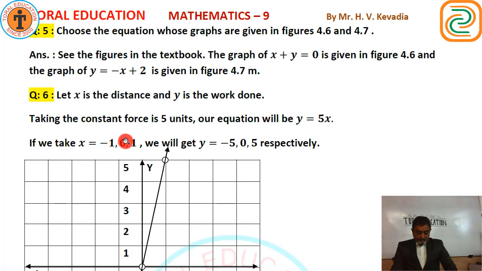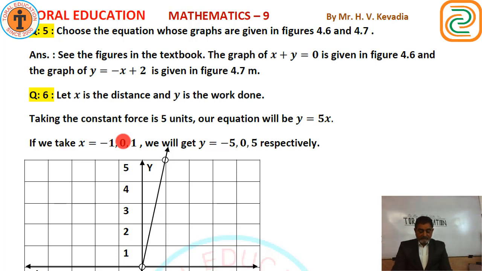Friends, if work done by a body on application of a constant force is directly proportional to the distance travelled by the body, express this in the form of an equation in two variables and draw the graph of the same by taking the constant force as 5 units.